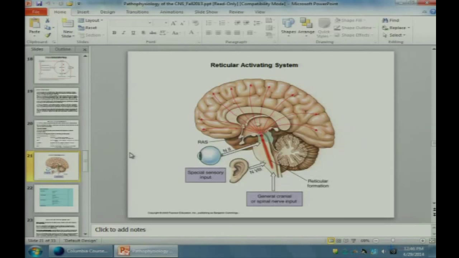Okay? So it's just like a communications hub. All of this sensory input, both somatosensory and autonomic, is coming in here, and then it's getting relayed to different parts of the cerebral cortex.